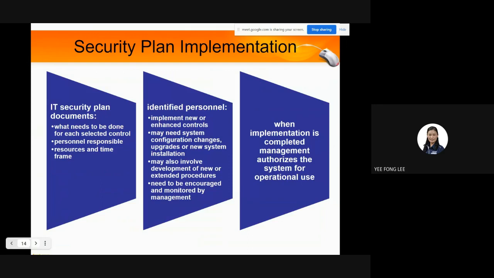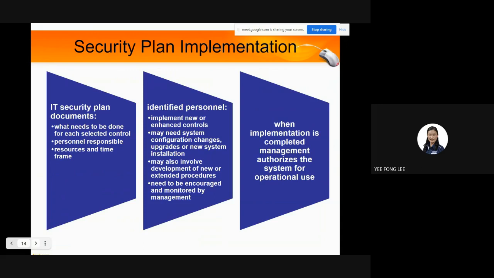Security plan implementation. The next phase in the IT security management process, the one that you look at on the screen, is the implementation: managing the implementation of the controls detailed in the IT security plan. This comprises a cyclic process, still under the do stage.